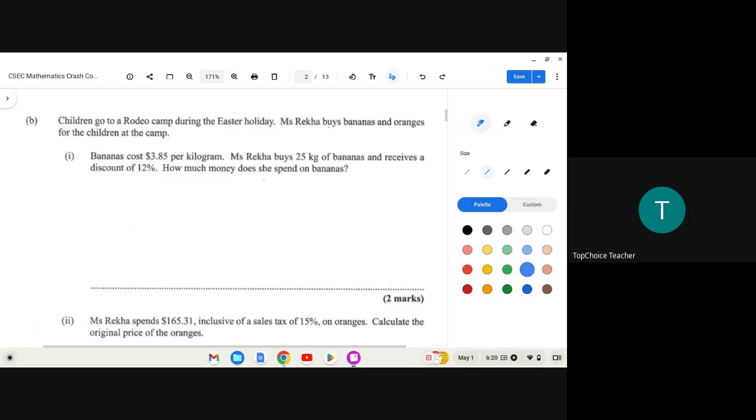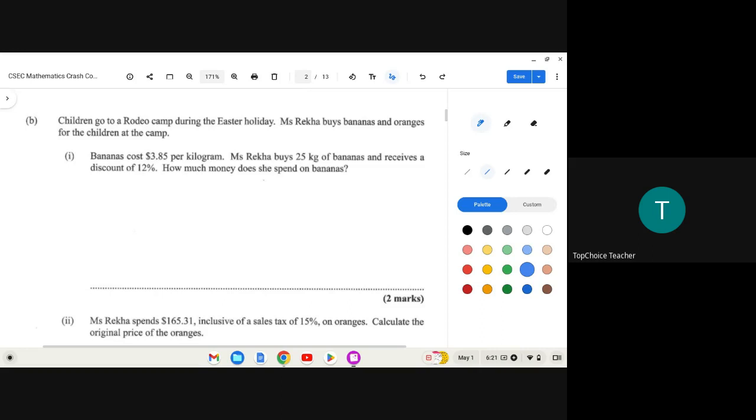Miss Rika, or Reka, however you want to pronounce that, buys bananas and oranges for the children at the camp. We were given the cost of the bananas per kilogram. And they told us that Miss Rika bought 25 kilograms of bananas and received a discount of 12%. How much money does she spend on bananas?